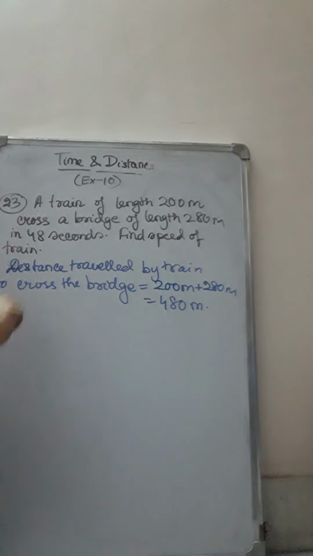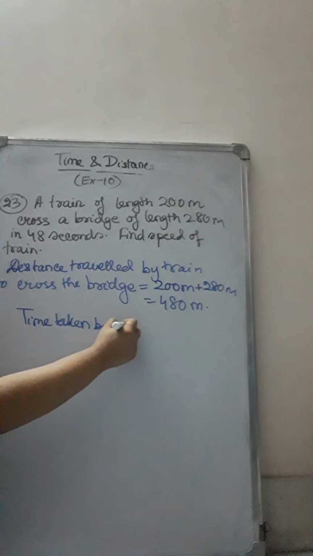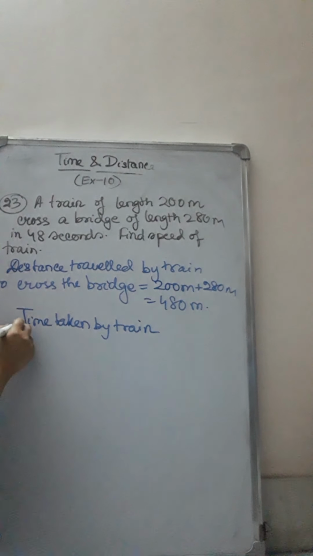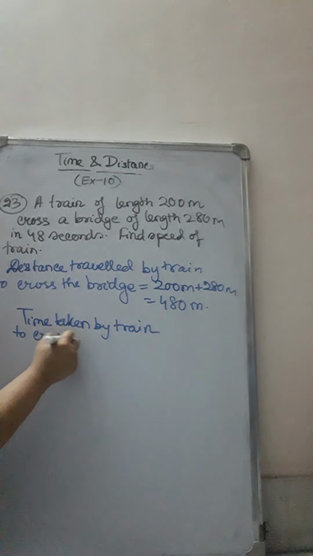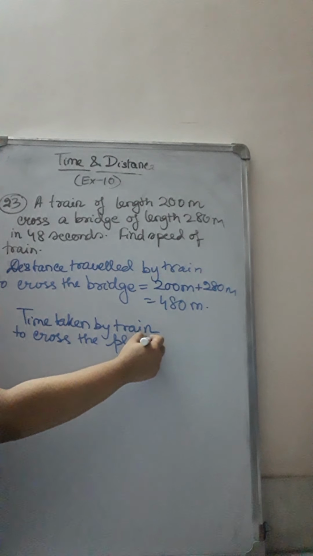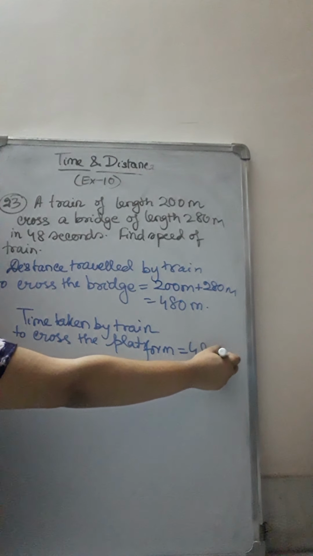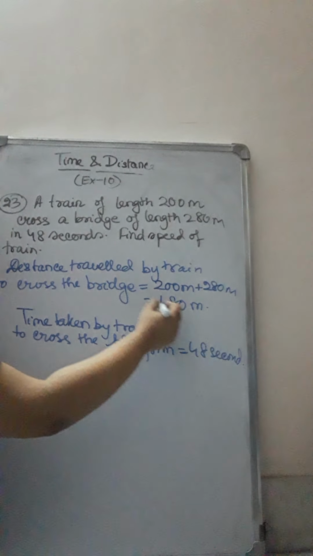Similarly, the time taken to cross is provided. Time taken by the train to cross the platform is given as 48 seconds. Now check the units.